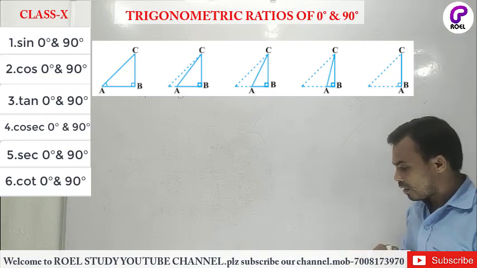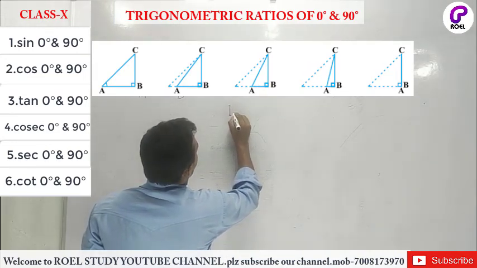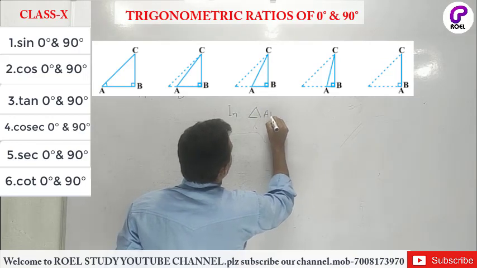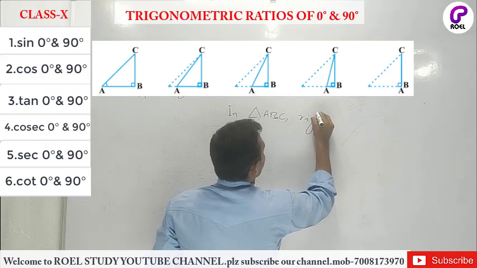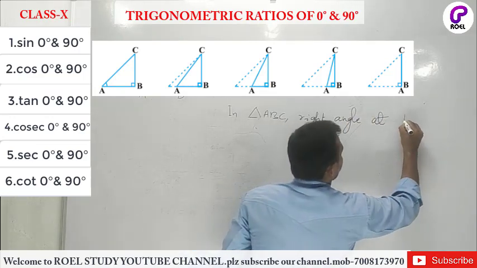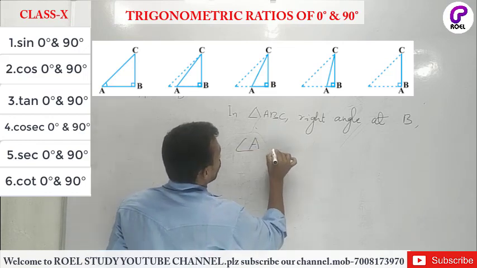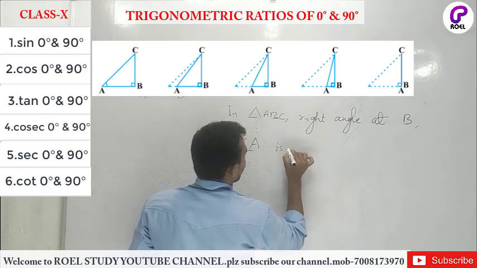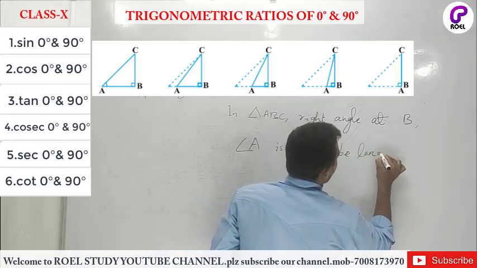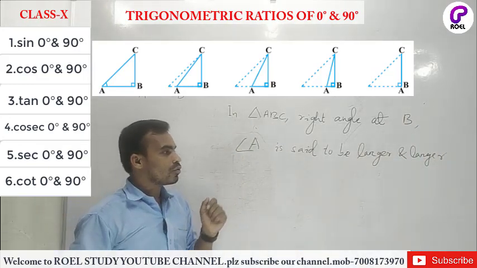Then in this triangle ABC, right angle at B, what will happen? Angle A becomes larger and larger.